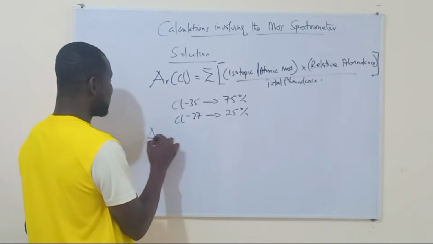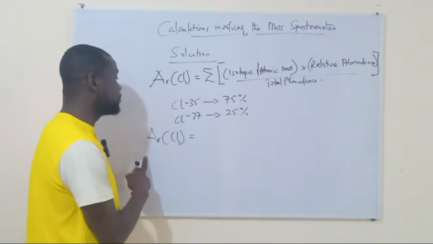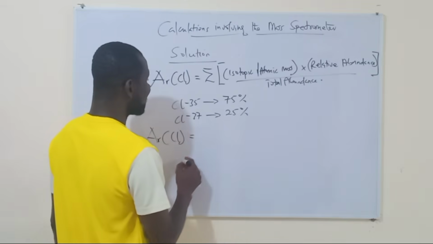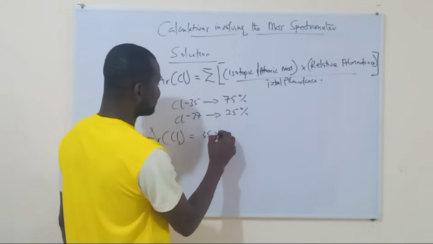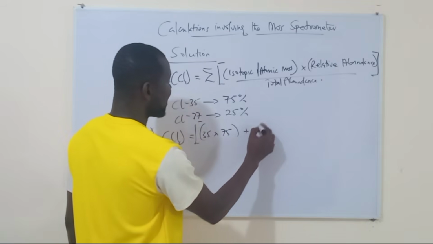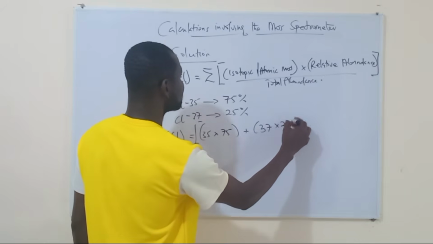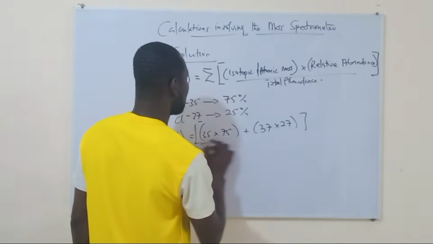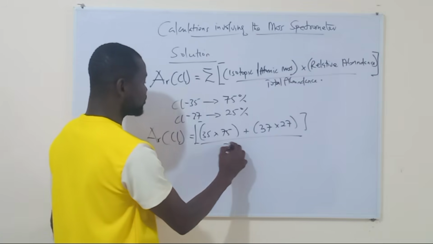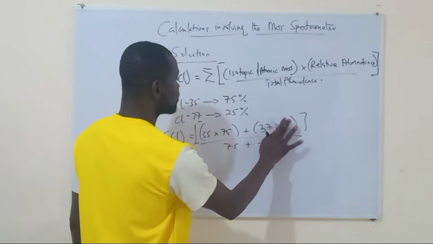So I have Ar of chlorine, which is my relative atomic mass of chlorine, equal to 35 times 75 plus 37 times 25, all divided by the total abundance, which is 75 plus 25.